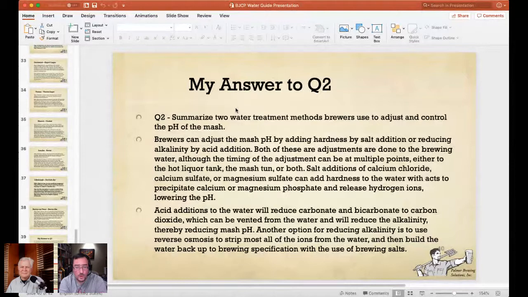Acid additions to the water will reduce carbonate and bicarbonate to carbon dioxide, which can be vented from the water, and will reduce the alkalinity, thereby reducing mash pH. Another option for reducing alkalinity is to use reverse osmosis to strip most of the ions from the water and then build the water back up to brewing specification with the use of brewing salts. So there are almost 3 methods instead of 2 there. But I think that's a very thorough answer to question 2.